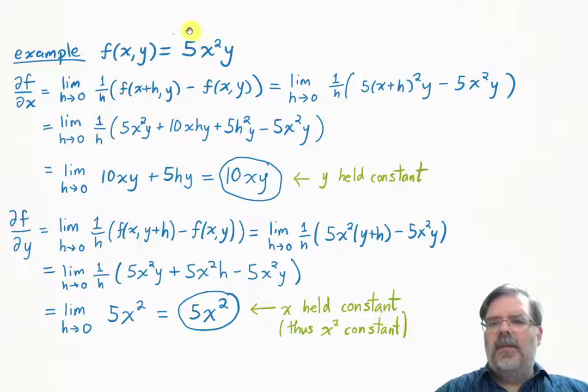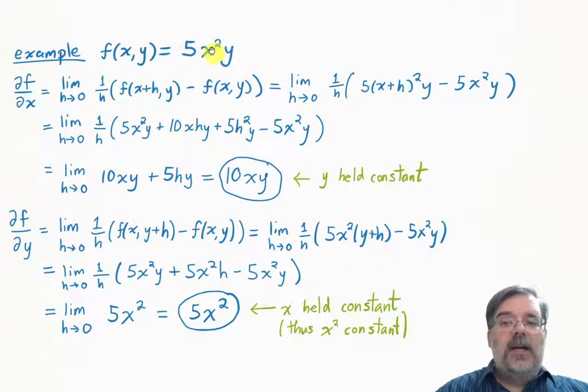Another way to think about this, which will become even more clear on the next slide: if we're calculating the derivative with respect to y, 5x squared is like one big constant. And the derivative of a constant times y is just that constant, 5x squared. And that's how you calculate partial derivatives from the definition.